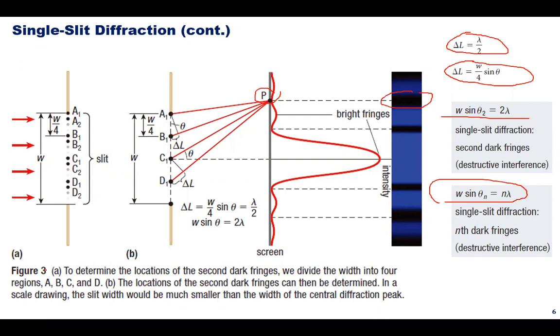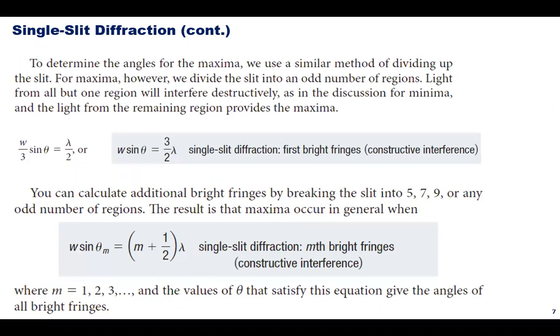You follow me? Okay, next, to determine the angles for the maxima, we use a similar method of dividing up the slit. For maxima, however, we divide the slit into an odd number of regions.